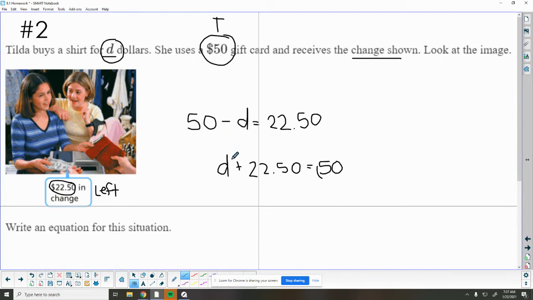So we can flip these back and forth and they mean the same thing. We can also put our 22.50 in front and we could say that 50 minus D is the same thing. So all of these equations are equivalent and mean the same thing.